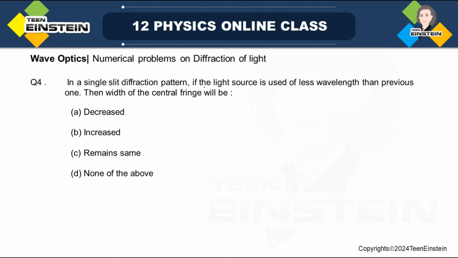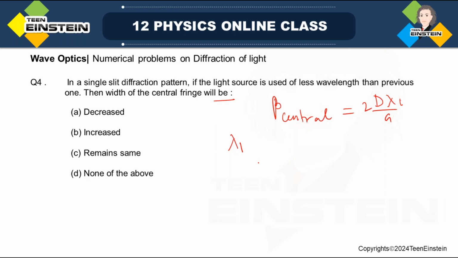In a single slit diffraction pattern, if the light source used has less wavelength than the previous one, then what happens to the width of the central fringe? We have already discussed that the width of the central maxima is 2dλ/a. Suppose first you take some wavelength λ1 and do the experiment.